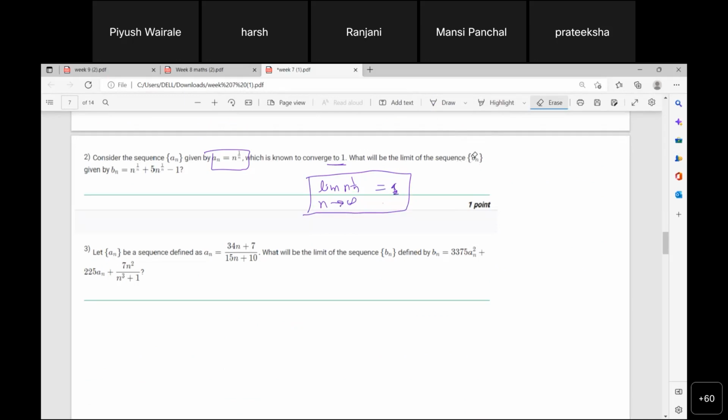Yes, anyone? The limit as n tends to infinity of b_n. What will be the answer? You can directly put in the values, right?